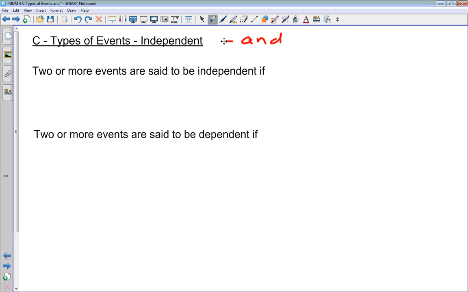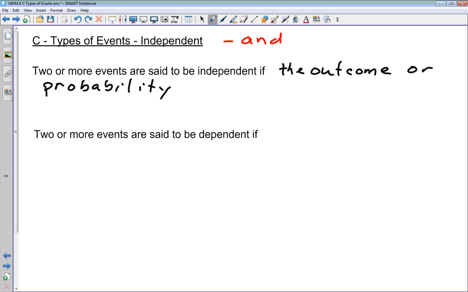So what does it mean? Well, two or more events are said to be independent if the outcome or probability, which is what we're going to be interested in, of one is not influenced by the other.